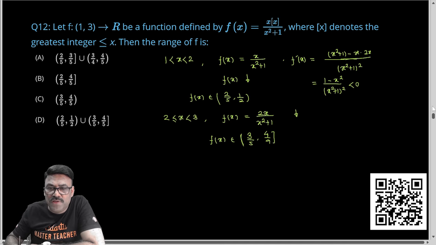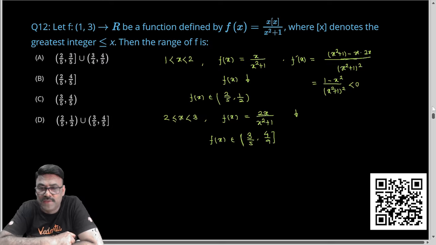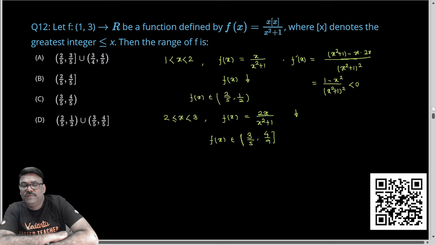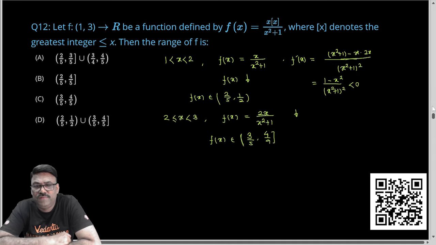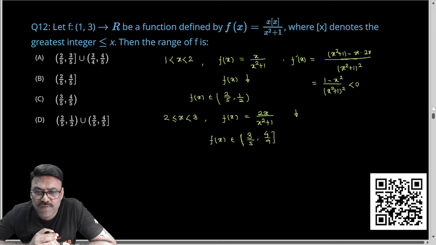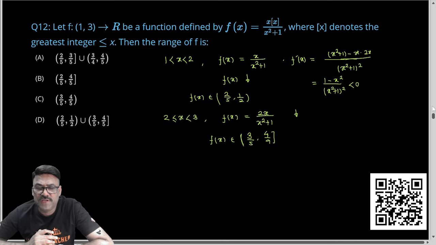So the range will basically be the union of these two intervals. The first interval starts from 2 by 5 and goes to half. The second interval is 3 by 5 to 4 by 9. First is 2 by 5 to half. Half is 0.5. In fact, the function is continuously decreasing.